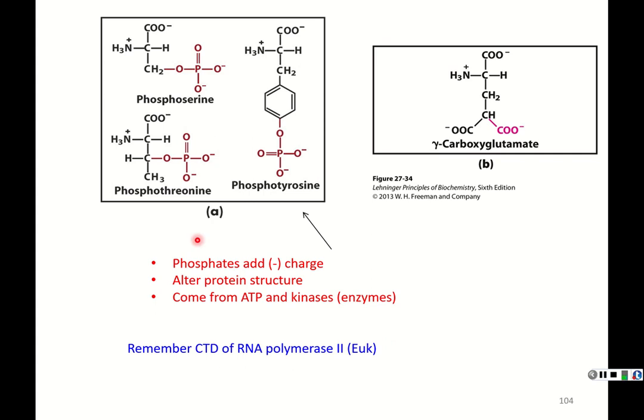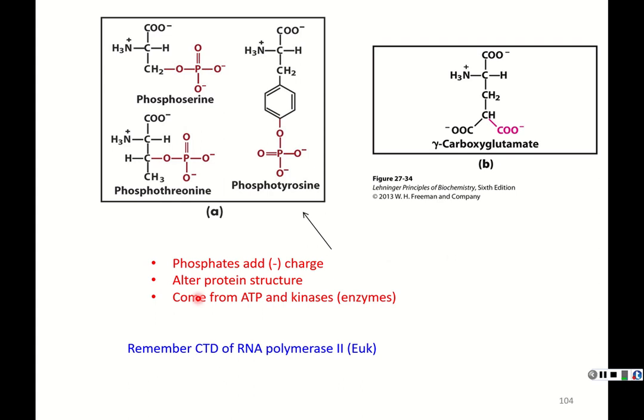Okay. By far, one of the biggest post-translational modifications is the addition of phosphate groups. And again, those happen on amino acids that have a hydroxyl in their side chain. So things like serine, threonine, and tyrosine can have phosphate groups added to them. What that does is, obviously phosphate is negatively charged, so it adds a negative charge, which can alter the protein structure.